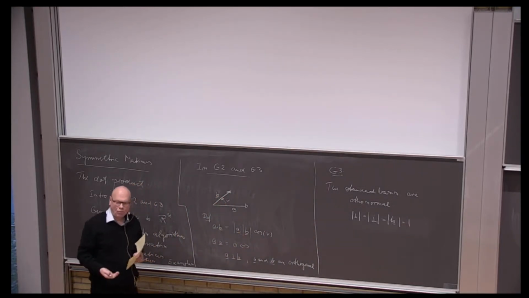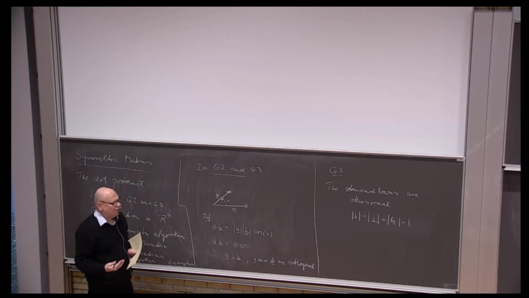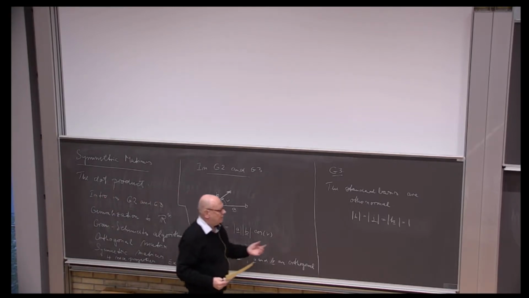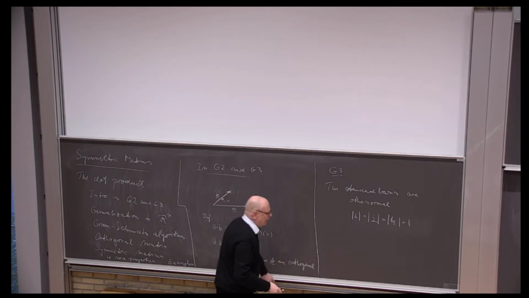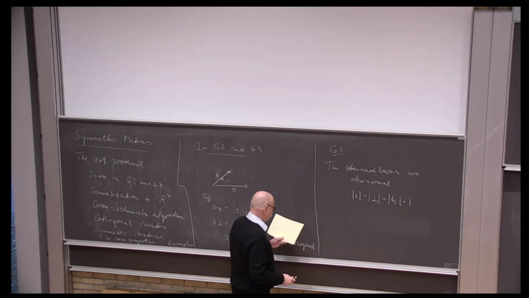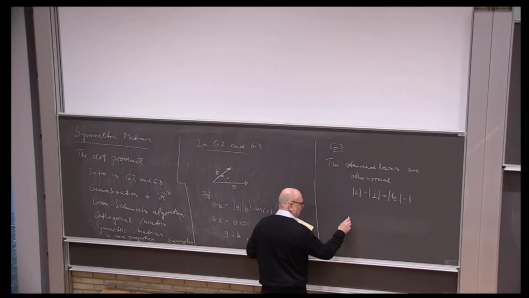That is, they are normal, or they are normed. They have the length 1, all of them, and they are mutually perpendicular, or orthogonal. If I have the i vector here and the j vector here, this angle is 90 degrees.